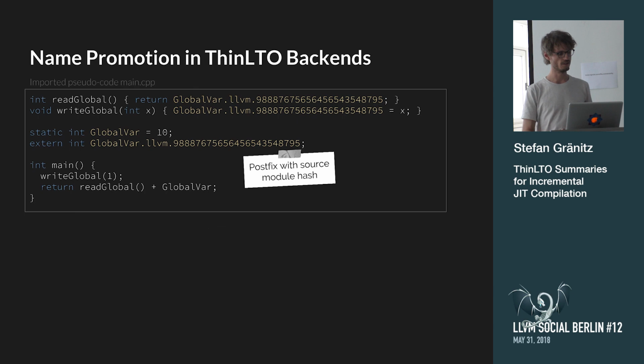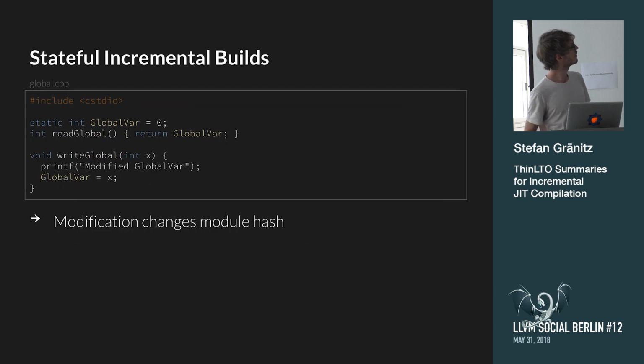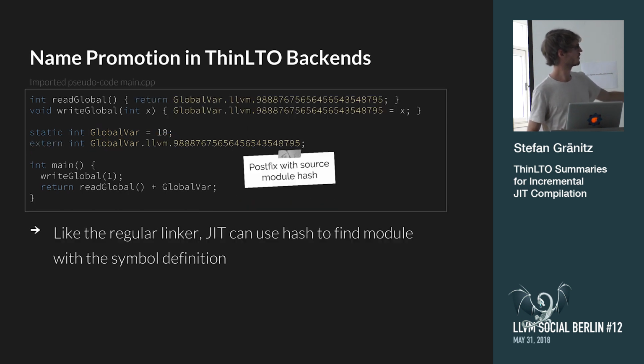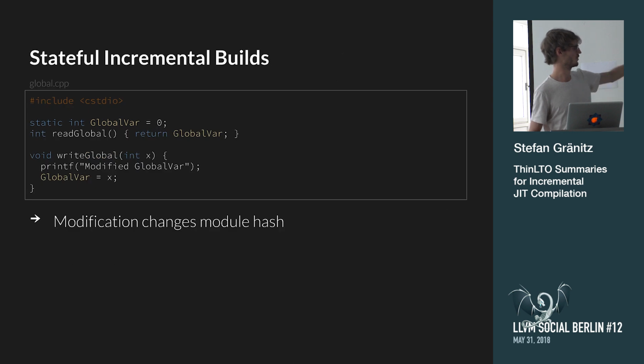Like if that was the first revision, this is now the second revision with a different module hash. This is very interesting because if we manage our modules that we have available for compilation in revisions that we compiled, whenever we recompile the module we get a new revision, then we can already at symbol resolution time decide, okay, this comes from the old revision actually. That's a very useful thing for stateful compilation.